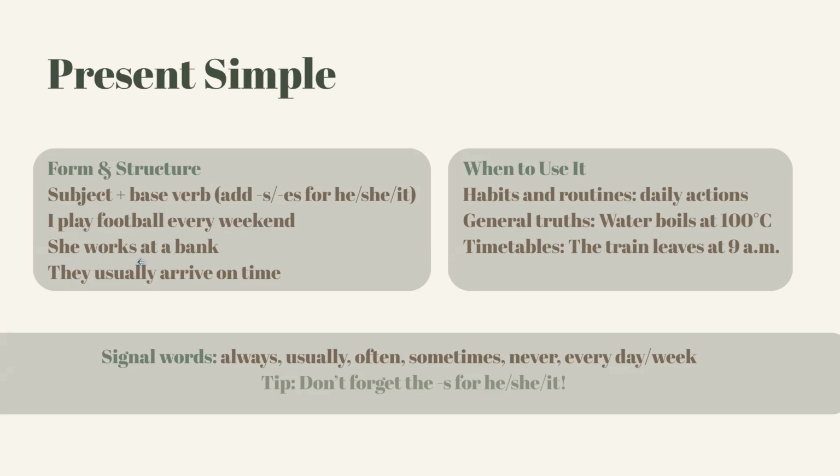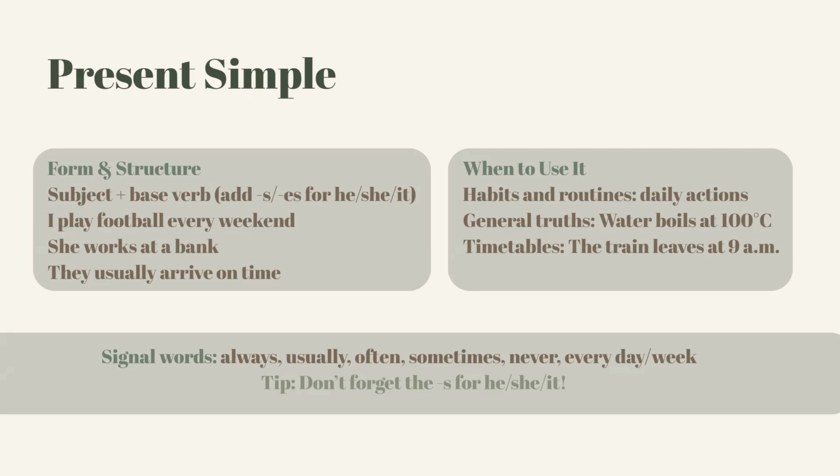And then there are some signal words that we can see in the present simple tense. When you see these words in a sentence, it's probably a present simple formed sentence because these words are used for habits, which is basically what present simple is.